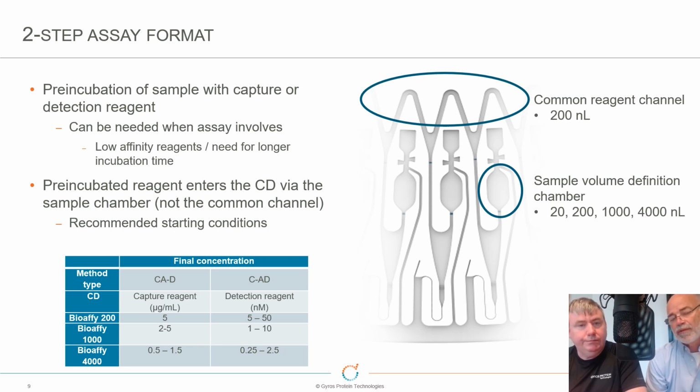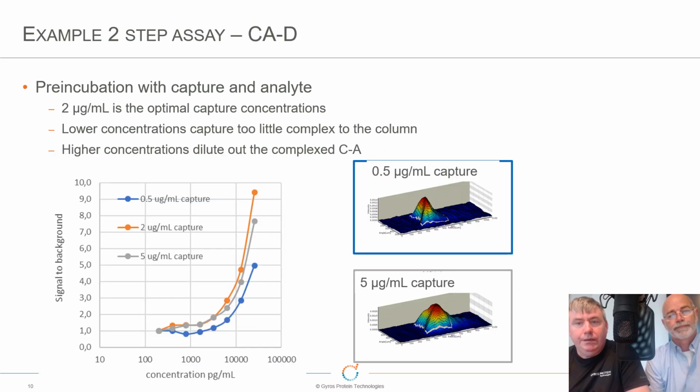Based off of the different sample formats or CD types that you're going to run, you might want to adjust the capture concentration that you're adding, because now we're using the sample chamber to add our capture reagent, so you're going to add relatively more volume according to the amount of sample that you put in there. So here's some great example data of what we're trying to say.